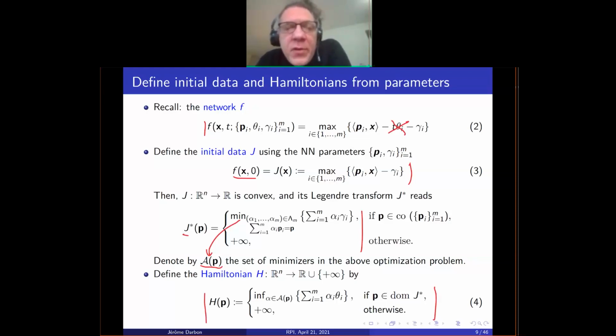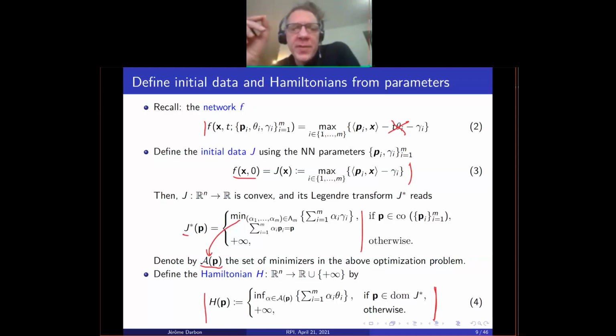So you always have a representation formula of the Fenchel transform of j that involves an optimization problem. You consider the set of minimizers of this optimization problem, and you use them to define the Hamiltonian H. So you have representation formulas for J, J star, and H.